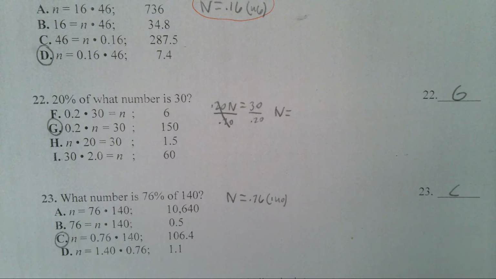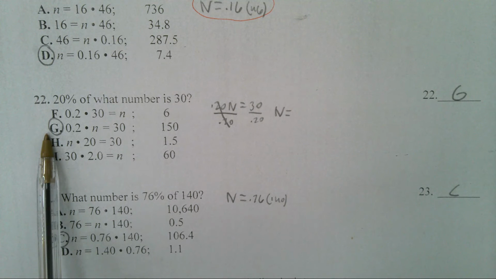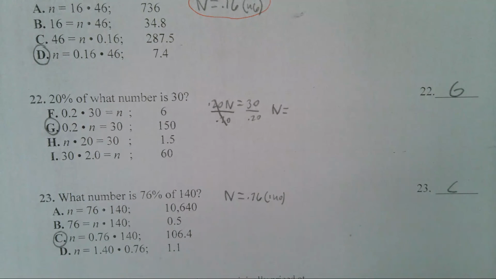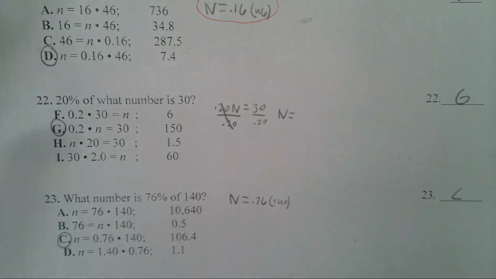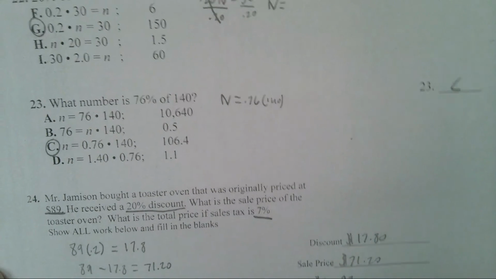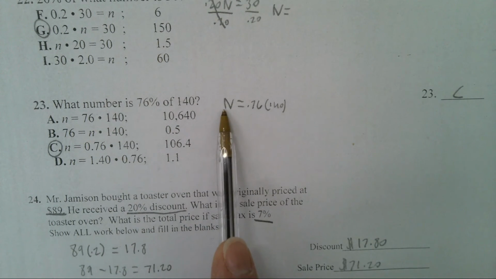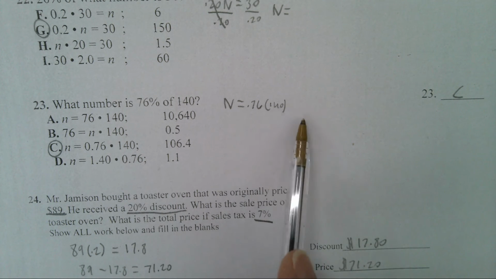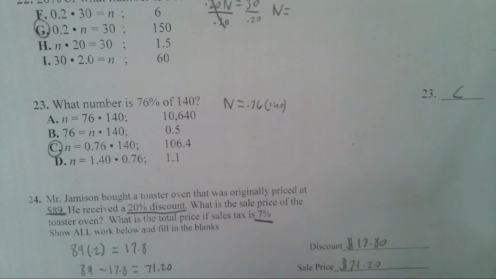Well, which one of those will say that? It is G. Several of you missed that when you got it confused. And in number 23, what number is means equals 0.76 of means times 140. That is choice C. Are there any questions?